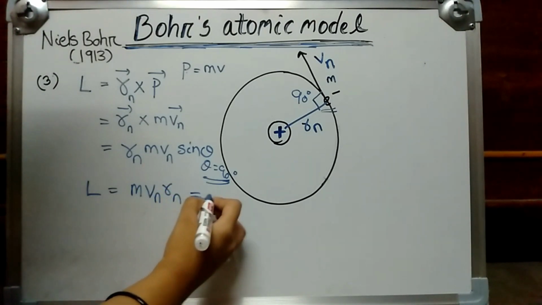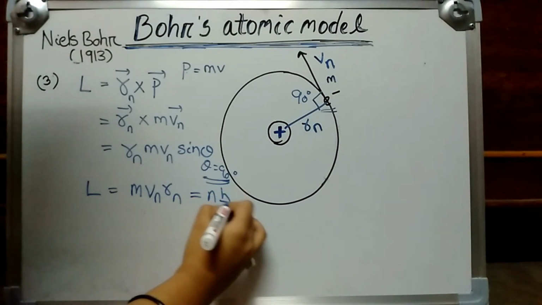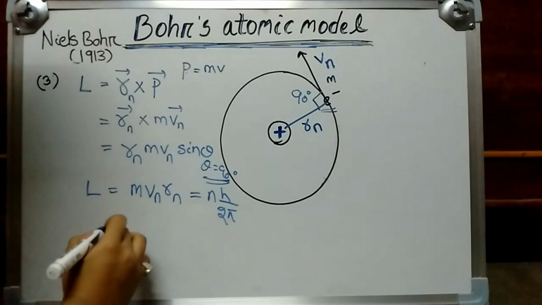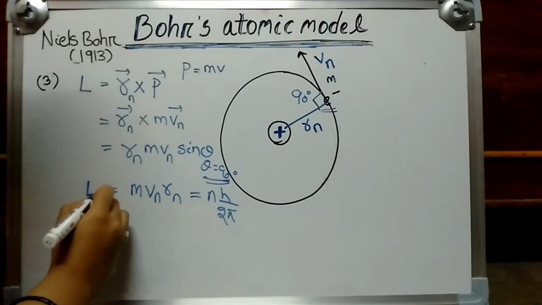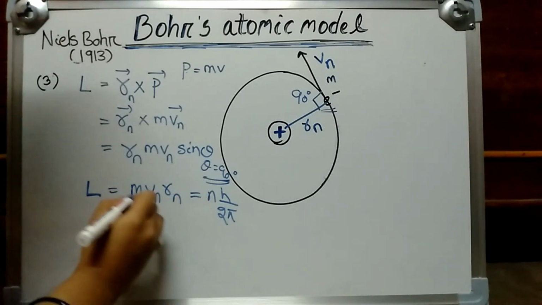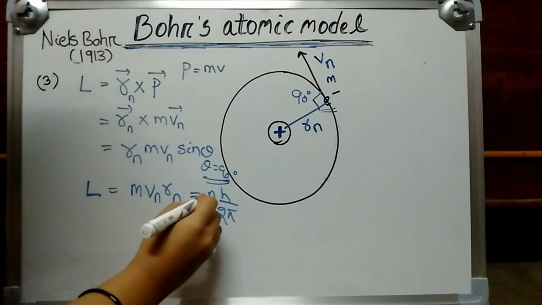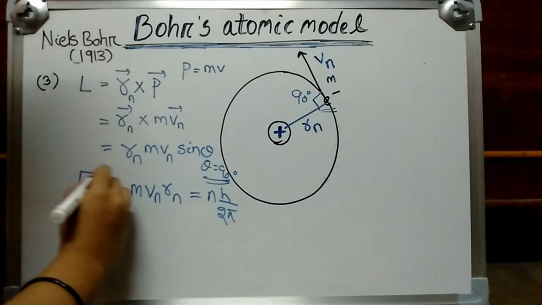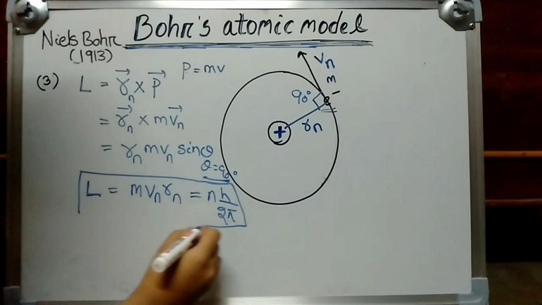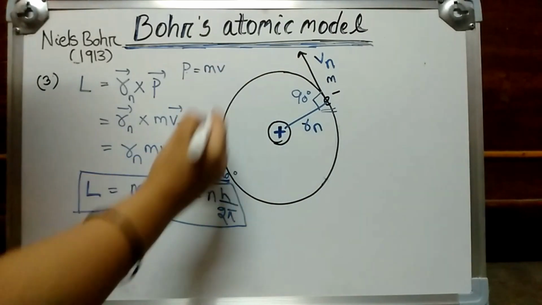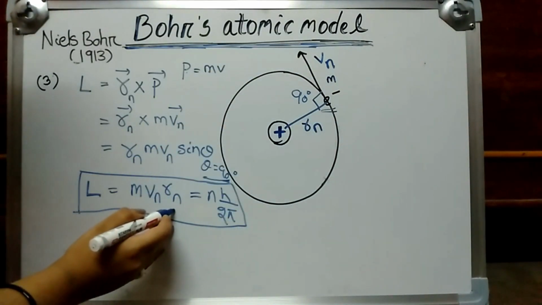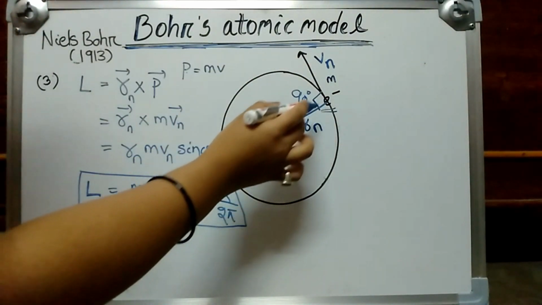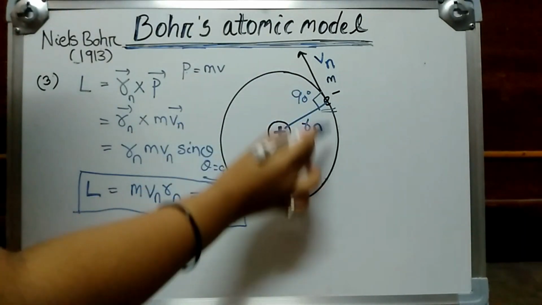That is equal to an integral multiple of h by 2 pi. That means L, the angular momentum, that is m Vn Rn, is equal to nh by 2 pi, where Vn is the velocity of the electron in the nth orbit, and Rn is the radius of the electron from the nucleus, where the electron is present in the nth orbit.